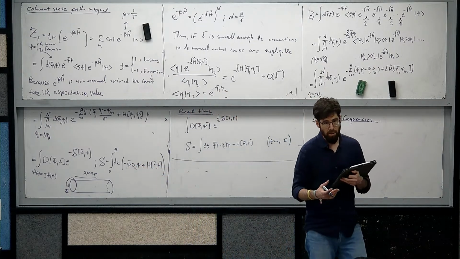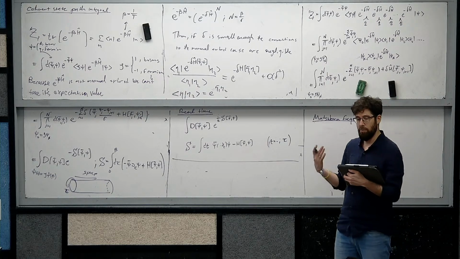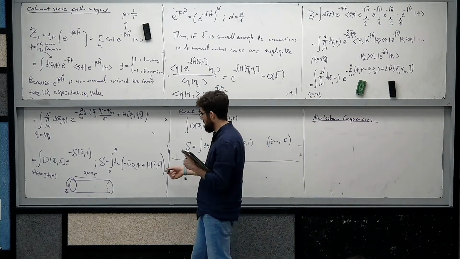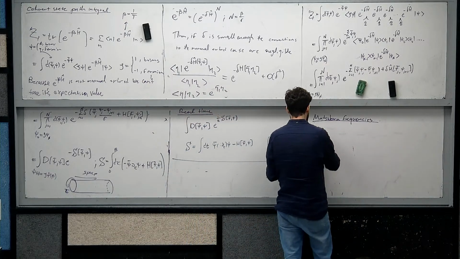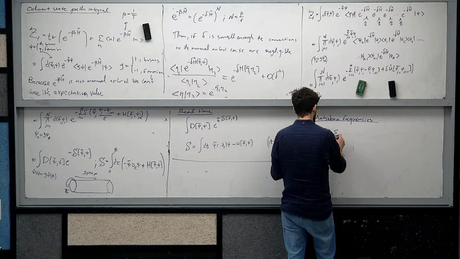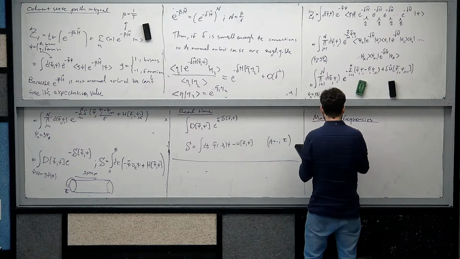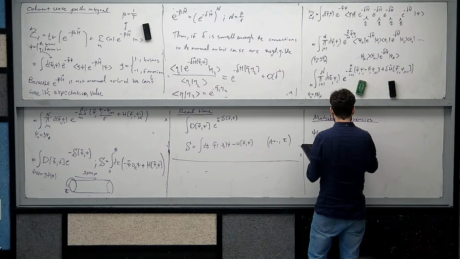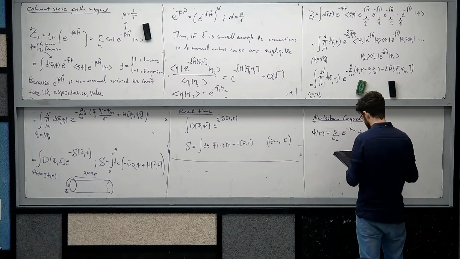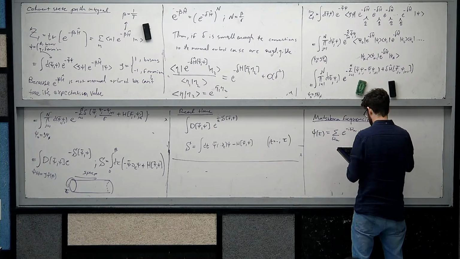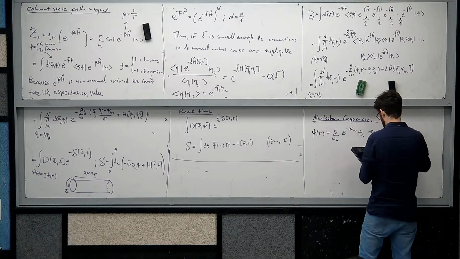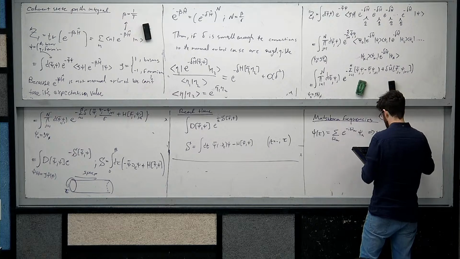So in order to also diagonalize that part, we need to also perform a Fourier transform with respect to this tau. So we define psi of tau as equal to a sum over omega n, e to the minus i omega n tau, psi n, and therefore psi n is 1 over beta, the integral from 0 to beta d tau e to the i omega n tau psi of tau.